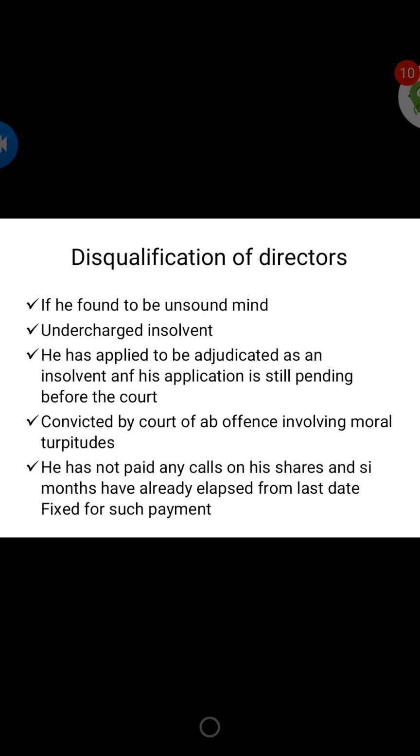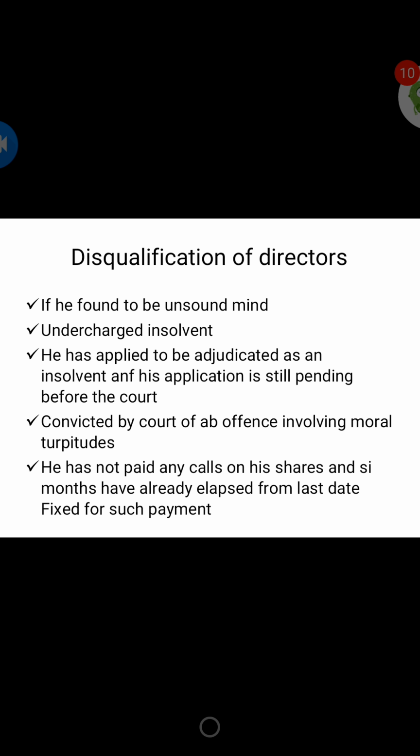If a person holds the office of a director without holding the qualification share, he will be punishable with a fine of up to rupees 500 per day until the default continues.